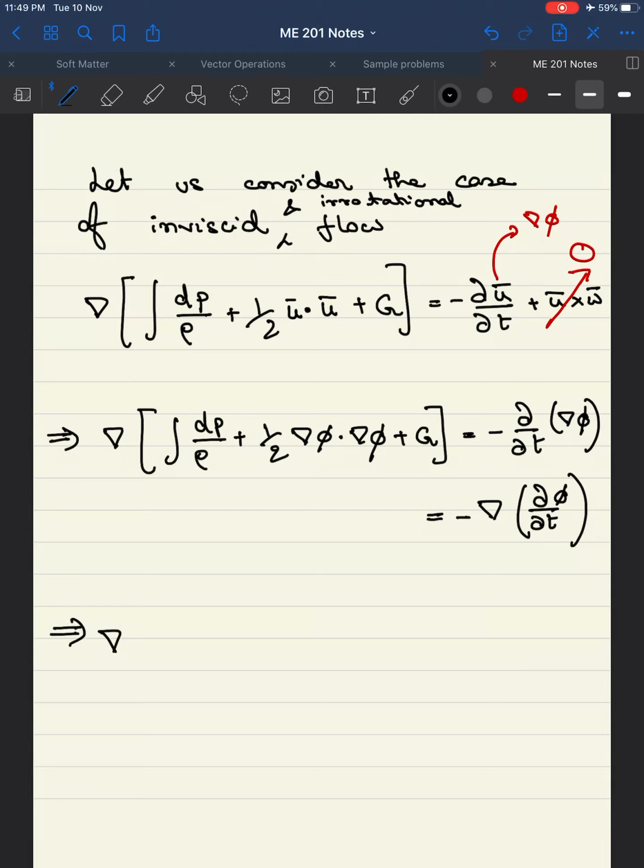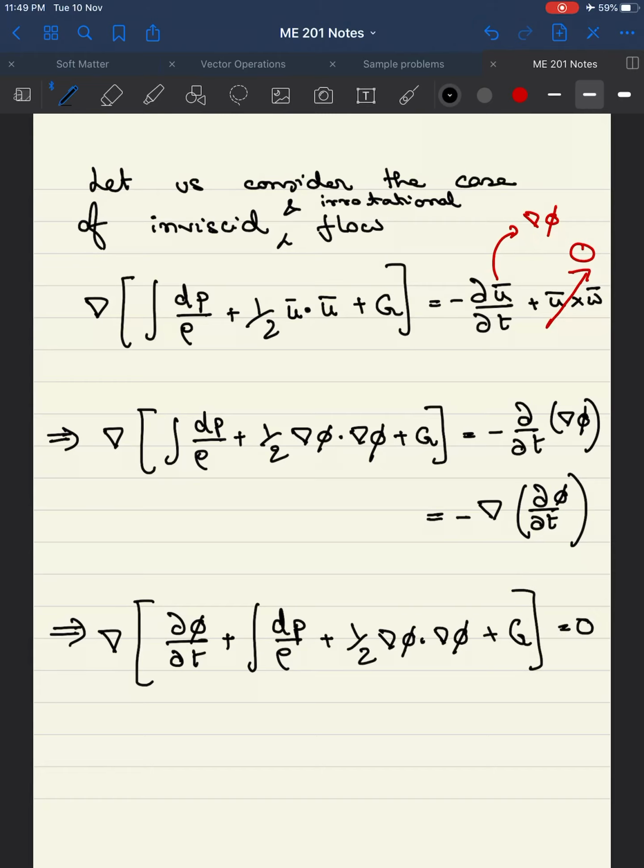So this will become del phi del t, plus, if you bring it to the other side, the integral of dp by rho, and you have half gradient of phi dot gradient of phi plus g, and this is equal to 0.